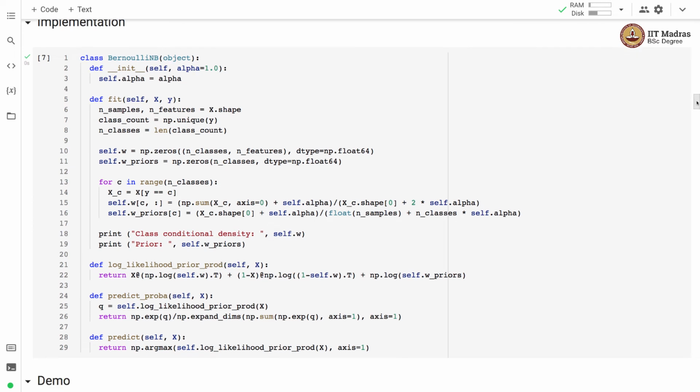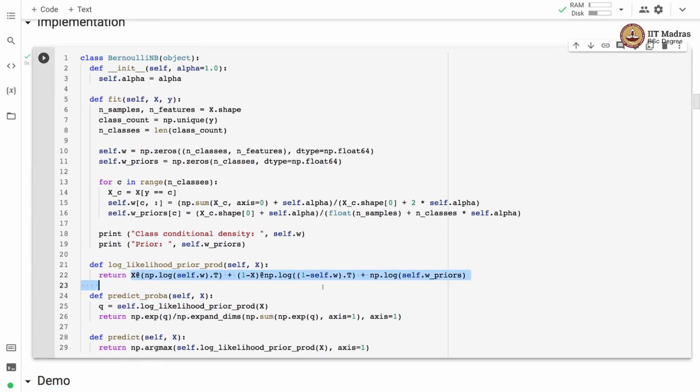So we implement this in a class. We have a Bernoulli naive Bayes class. In the constructor, we set the value of alpha to 1. Then we have a fit function, which is what we have implemented earlier, and we store the values of the parameters as class member variables, and then we use these estimated parameters in calculating the log likelihood and prior product. This is the vectorized implementation that we just discussed. And there are two functions for prediction.